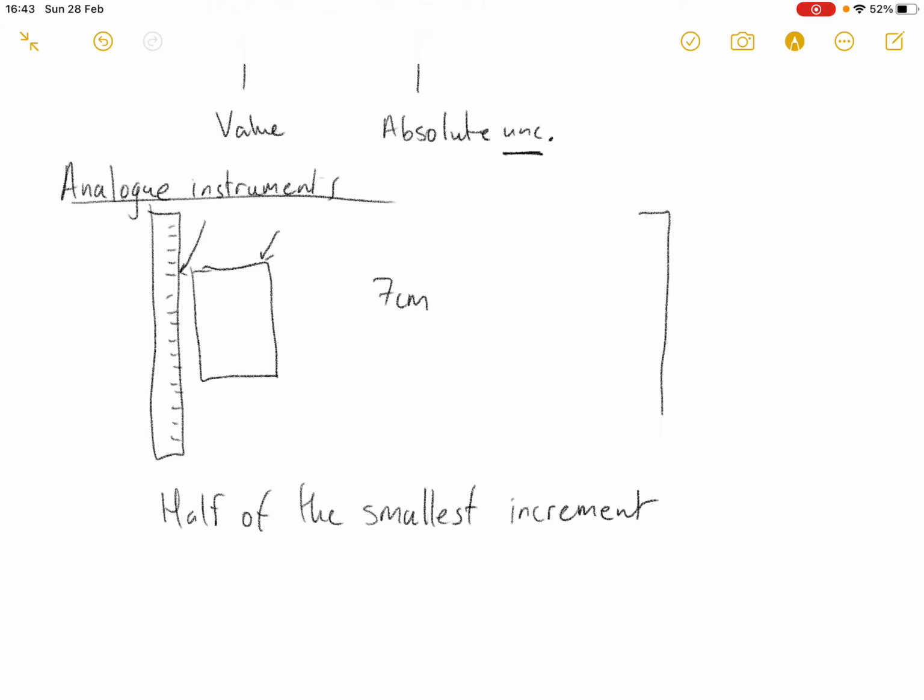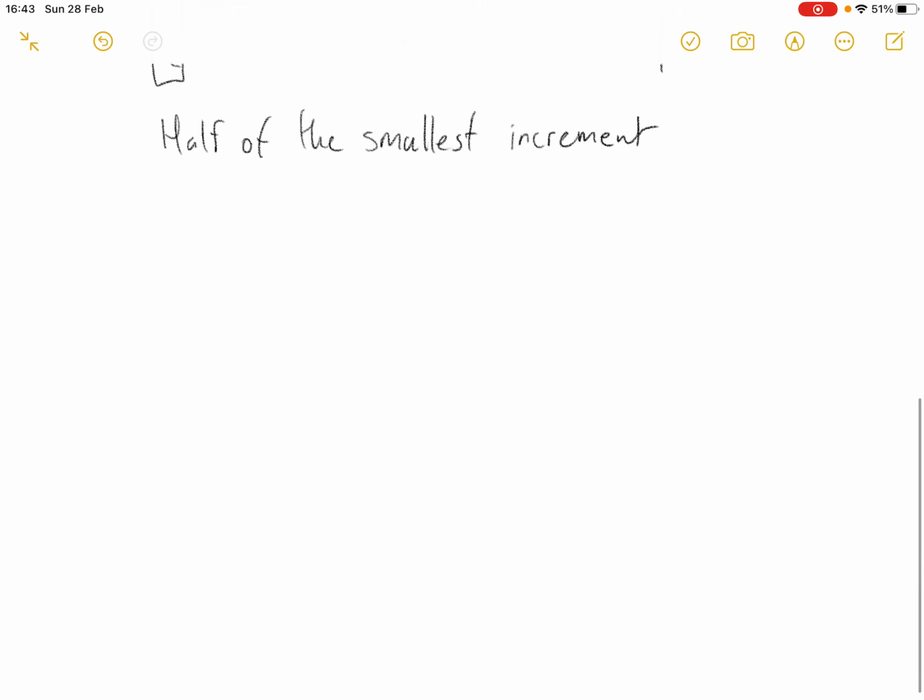If I zoomed in on the ruler and we had 0, 1 centimeter, 2 centimeter, 3 centimeter and so on, you can see the smallest measurement, the smallest distance between any two numbers is 1 centimeter. Okay, that's my increment. So half of the smallest increment is 1 centimeter, so we would have here something like that. There we go.